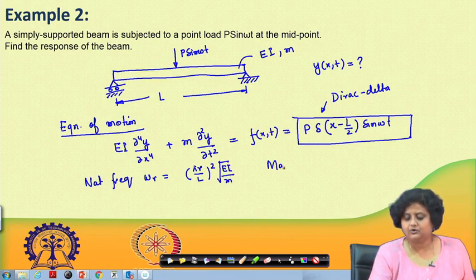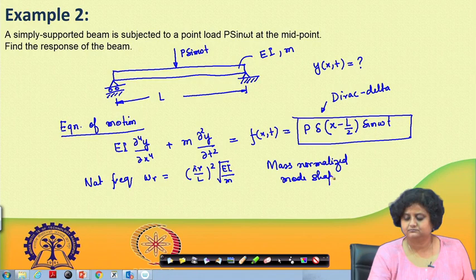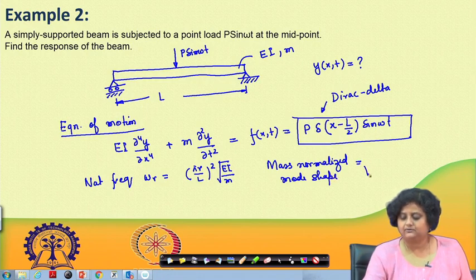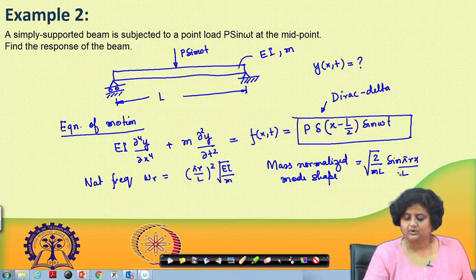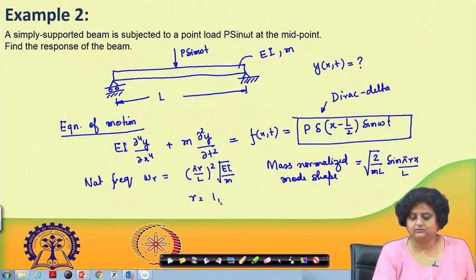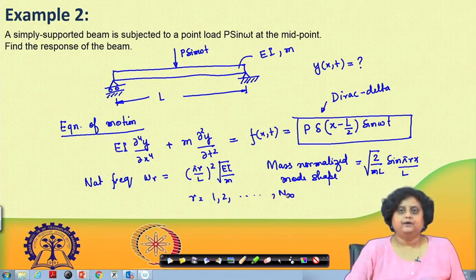Similarly, the mass normalized mode shape is given as follows, where r is the mode number. So, all this is done.